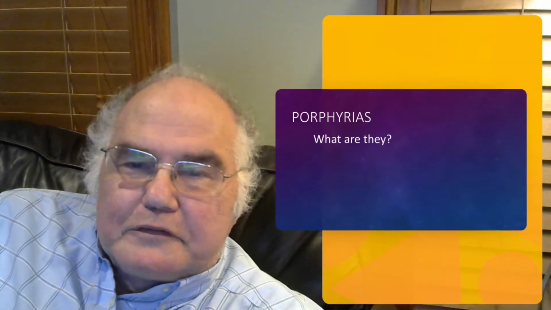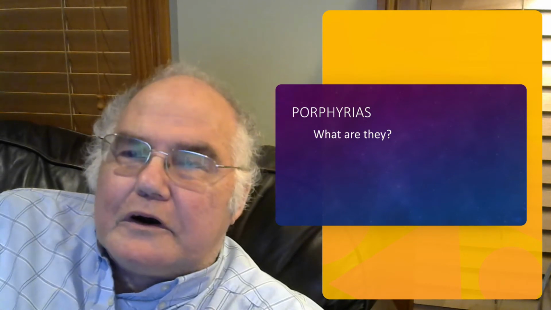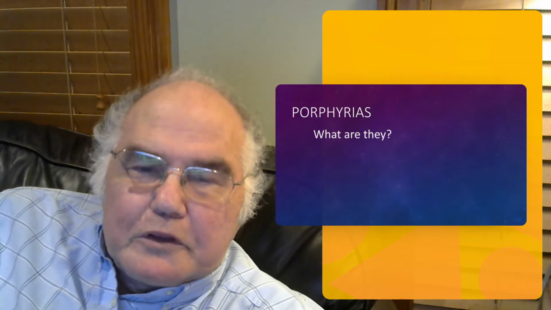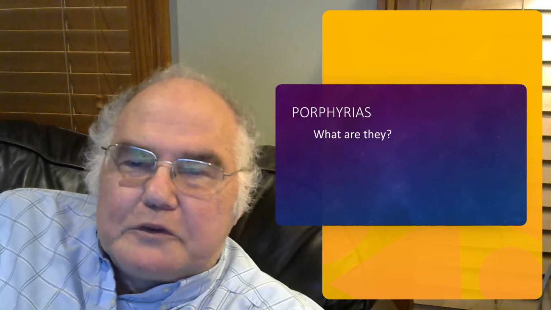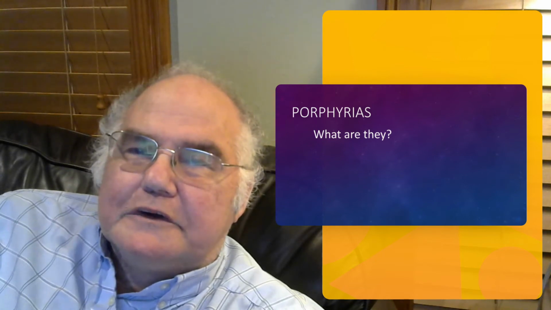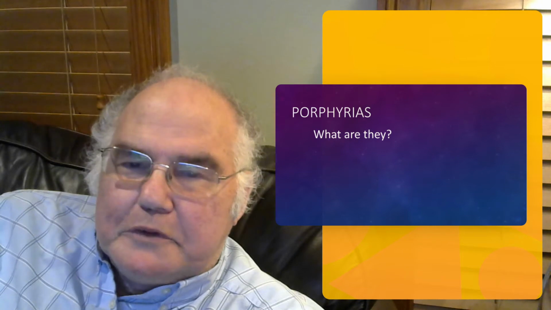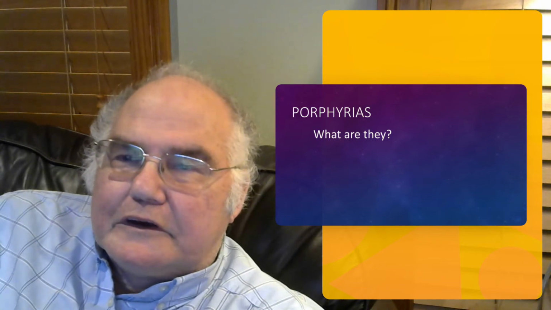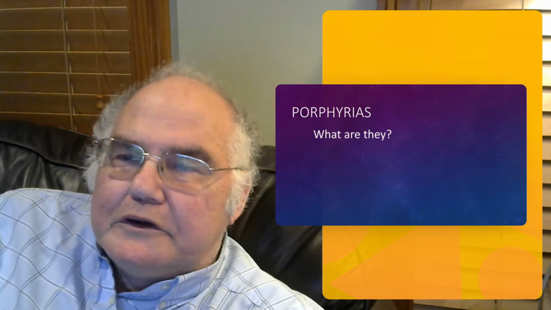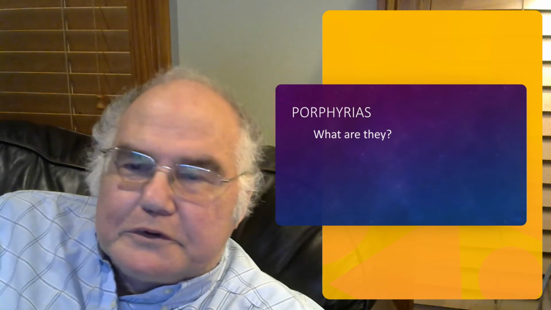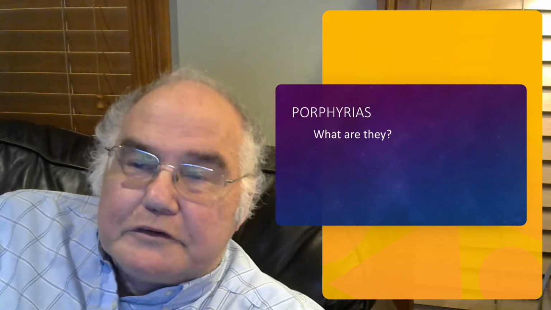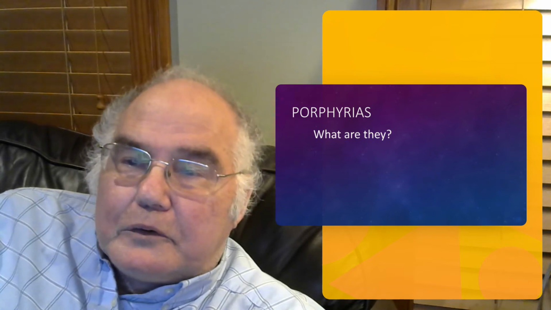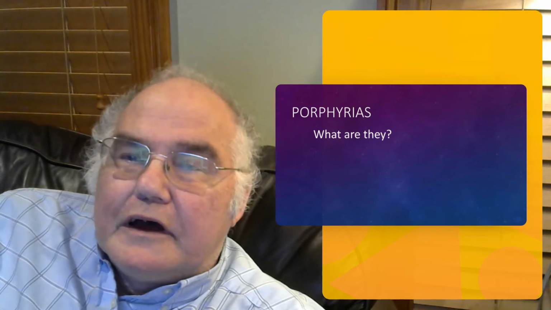So in answer to the first question, what are they? Well, all of the porphyrias are metabolic disorders which affect one of the 8 enzymes necessary for heme biosynthesis. This results in the accumulation of porphyrins, which are toxic, which could end up affecting the nervous system, the skin, or a combination of the above.